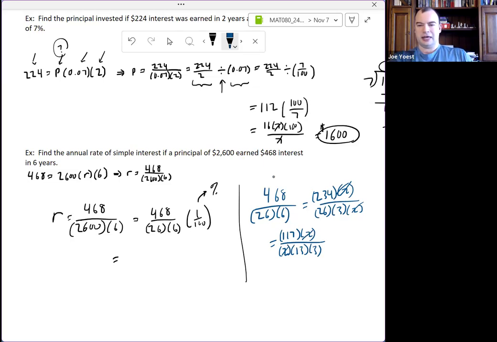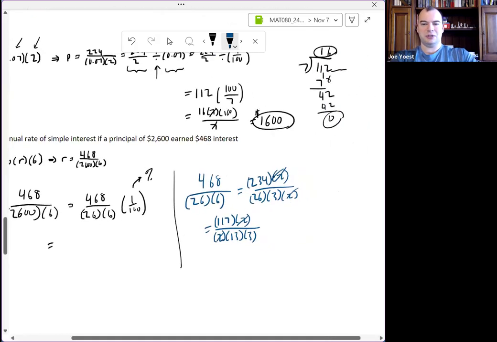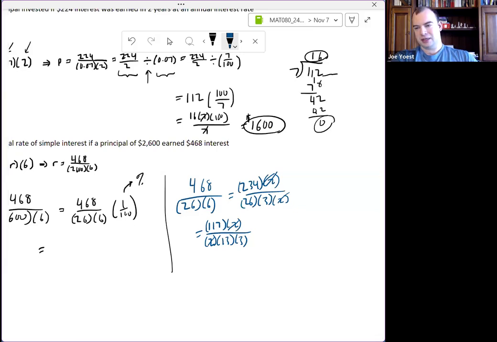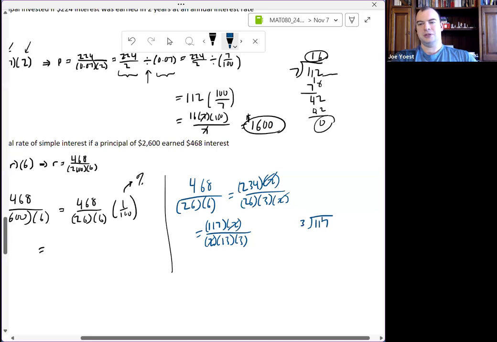117, well, I noticed that 7 plus 1 plus 1 is 9. 9 is divisible by 3. So therefore, 117 is divisible by 3. Let me figure out what that is. 3 goes into 11 3 times, and 3 goes into 27 9 times.